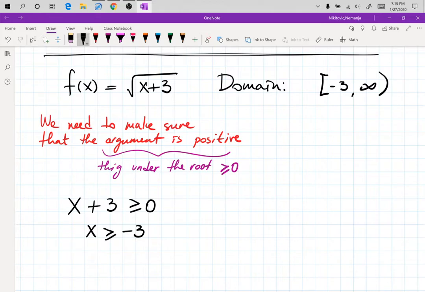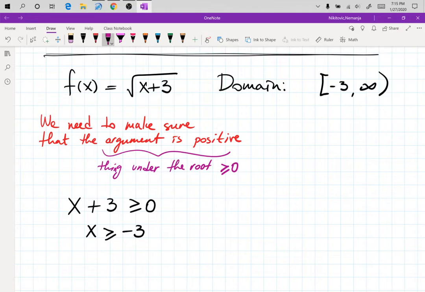We need to make sure that the argument is positive. Argument is the thing under the root. The thing. I didn't say x plus 3. I said the thing. Whatever you have is going to get. There is an n missing over here. There we go. The thing under the square root.